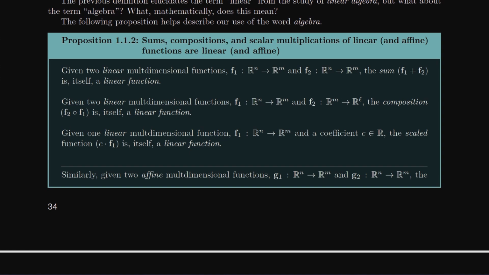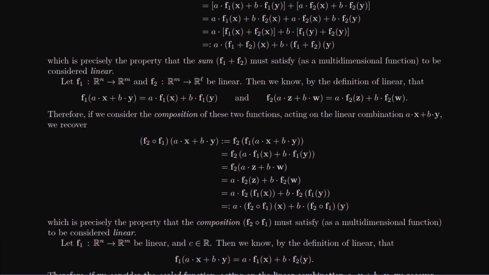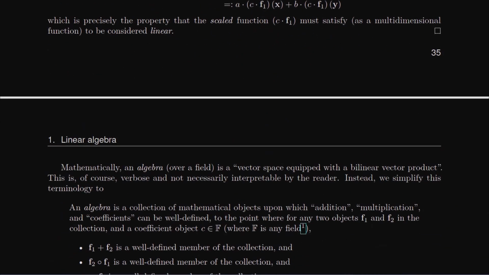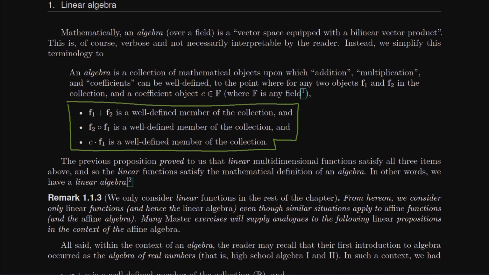Okay, so I'm not going to go through the next proposition, even though it's nice. What the proposition says is that if I compose linear functions together, the output is necessarily linear. This is really what I'm trying to state here. The proposition is the same as these 3 bullet points. What I'm saying is that adding two linear functions gives a linear function.